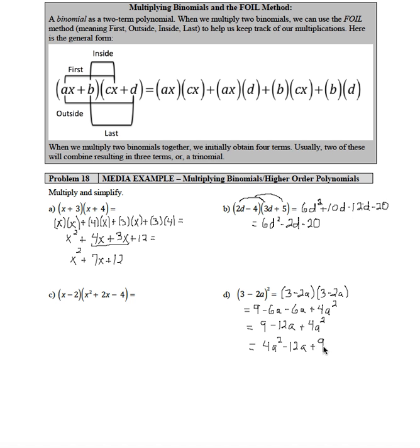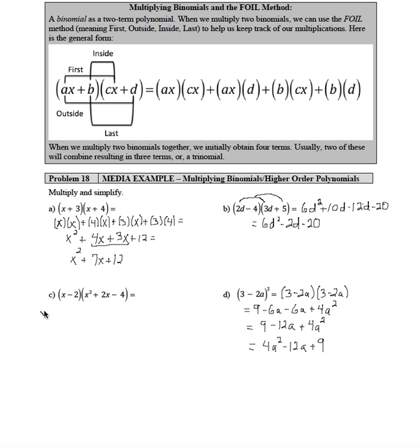Now, I saved the best for last. What we have here is a binomial times a trinomial. So the FOIL will not work because the FOIL is for 2 terms and 2 terms. But the idea of the FOIL will work, and that idea is that I want to multiply everything in the first set of parentheses times everything in the second. And let me show you how I'm going to do this for a binomial times a trinomial. I think it will help you keep track of things pretty well.